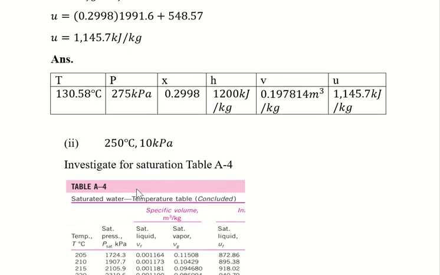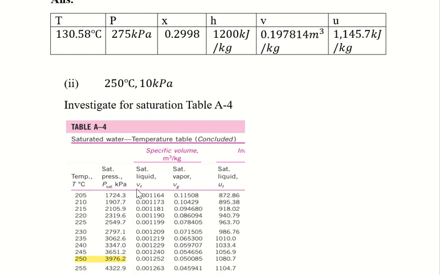So at a temperature of 250 degrees Celsius, the saturation pressure is 3976.2 kilopascals. And oh wow, we have a problem.